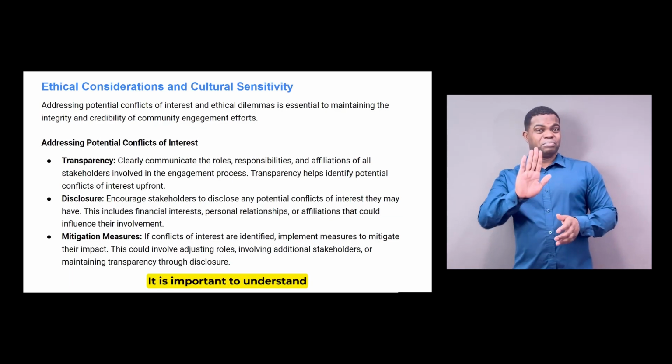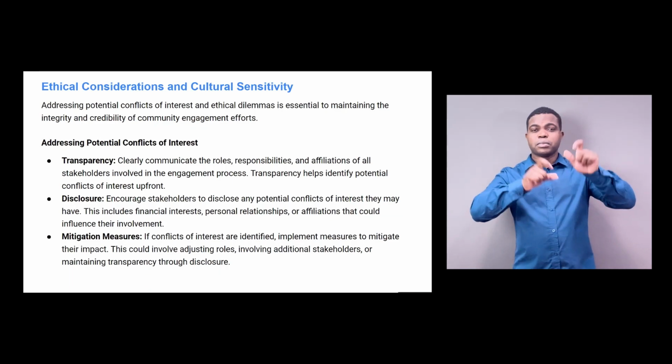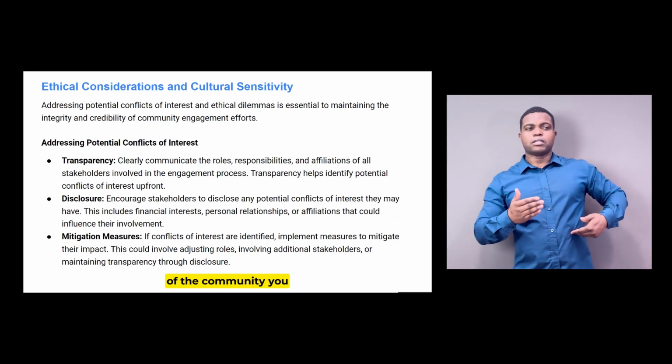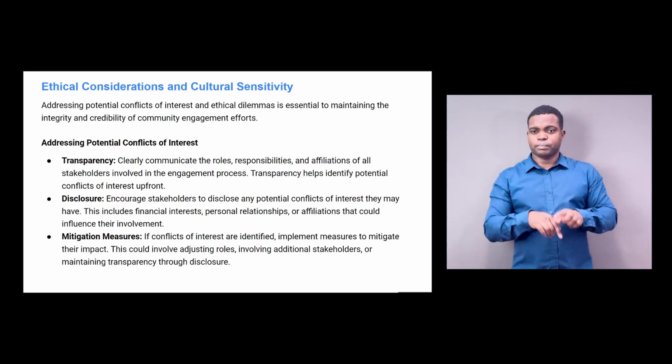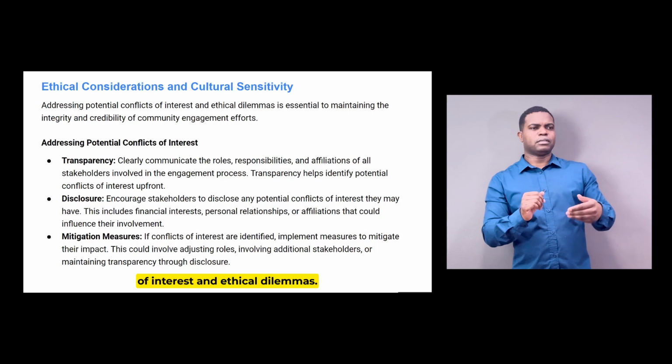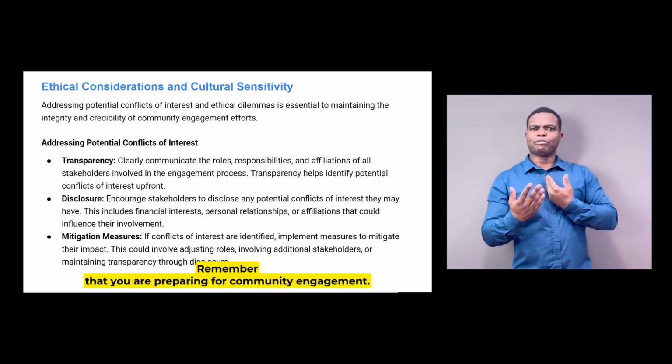It is important to understand the ethical and cultural sensitivity of the community you are going into. You need to address potential conflicts of interest and ethical dilemmas. Remember that you are preparing for community engagement.